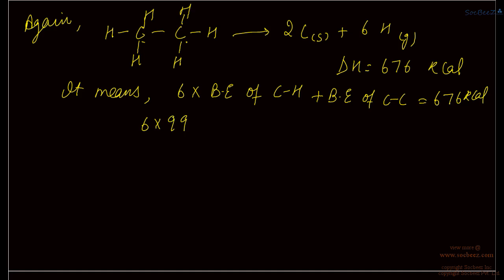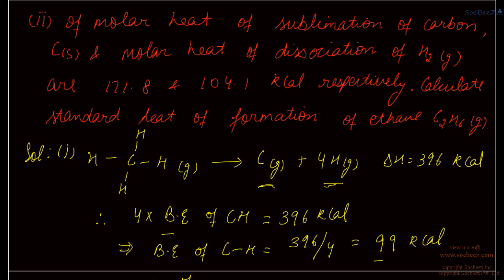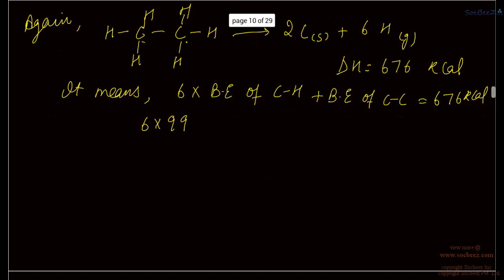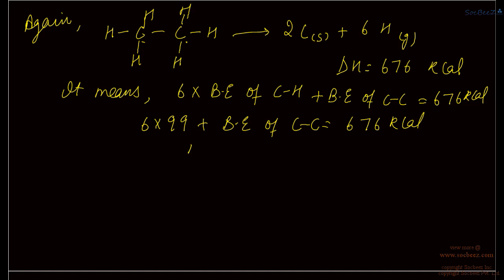From the first part we have got the value of C-H bond energy as 99 kilocalorie. So 6 into 99 plus bond energy of C-C equals 676 kilocalorie. So from here we get the bond energy of C-C equals 676 minus 594 equals 84 kilocalorie. Okay, so the first part of the problem is solved.